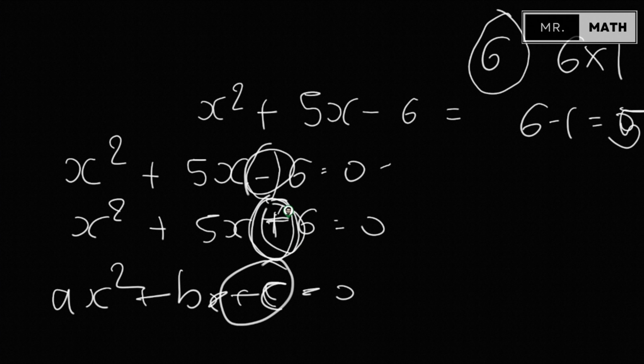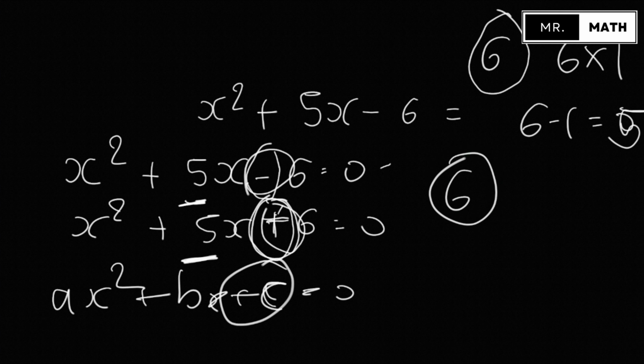And if there is plus here, if the c term is positive, we need to find the factors of 6 in such a manner that their sum is the b term. 5 was what? The b term, right?